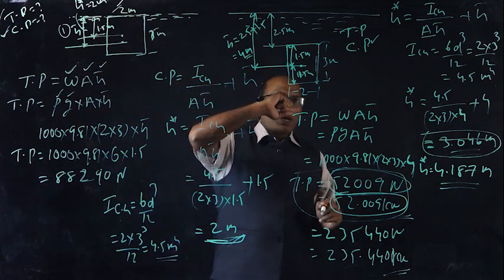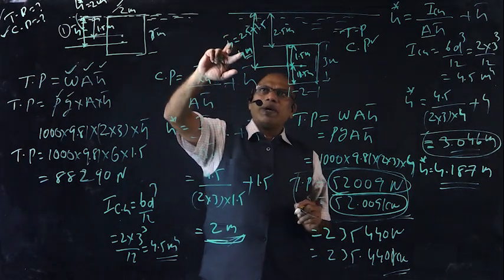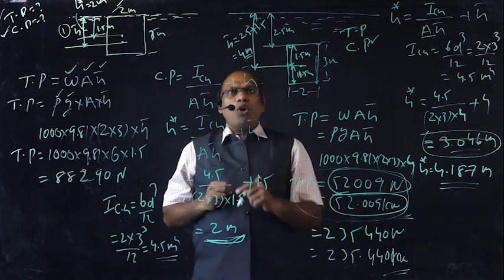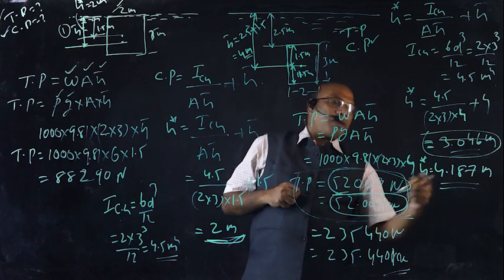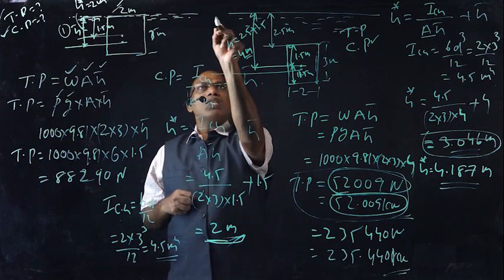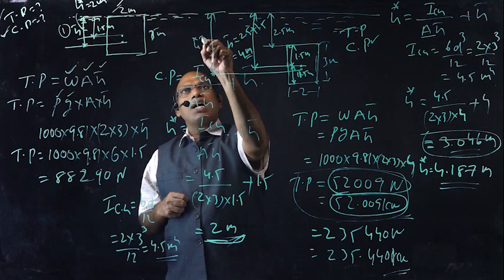In the second problem, H bar is equal to CG equal to 4 meters from the free surface to the center of the object, but H star is equal to 4.1875 meters. That means H star should be below the H bar.